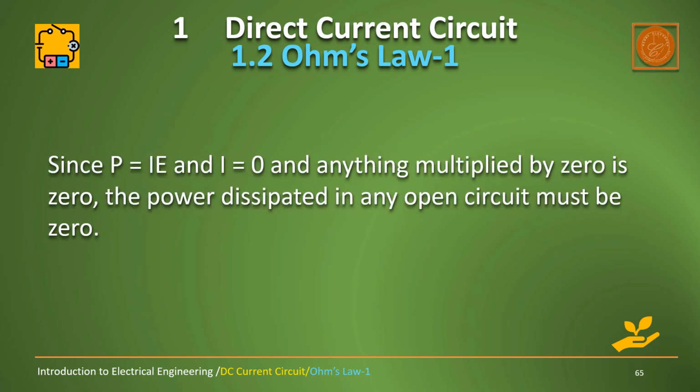Since P equals I multiplied by E, and when I equals 0, we know anything multiplied by 0 is 0. The power dissipated in any open circuit must be 0.